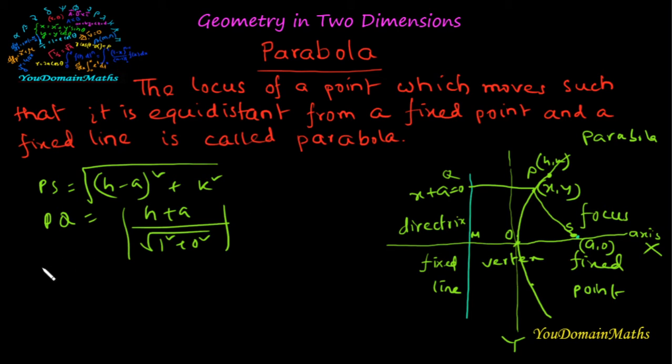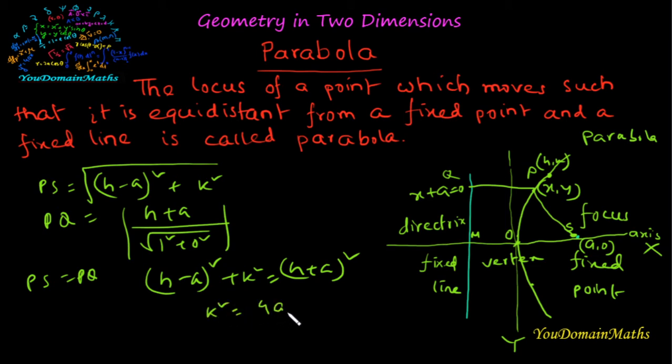For the parabola PS equals PQ, so you can write the square root of (h minus a) whole square plus k square equals h plus a. Then we can write k square equals 4ah. So the locus of the point h, k is y square equals 4ax. This is the standard equation of a parabola.